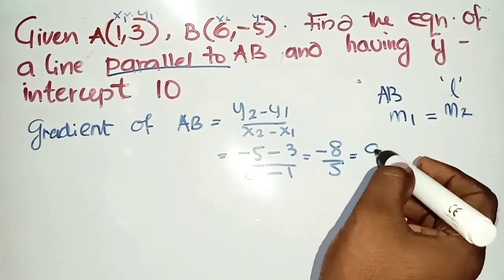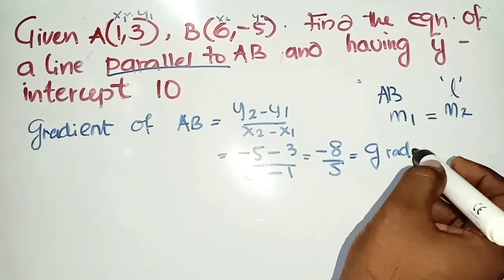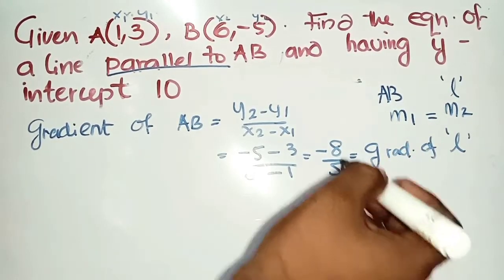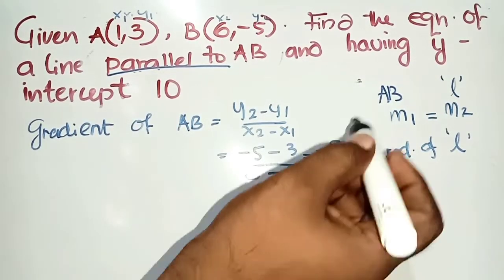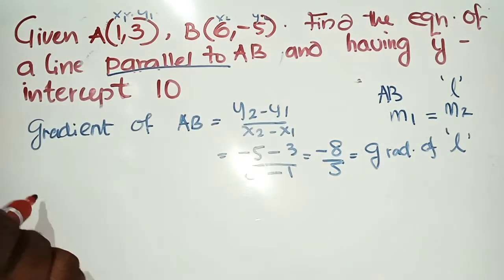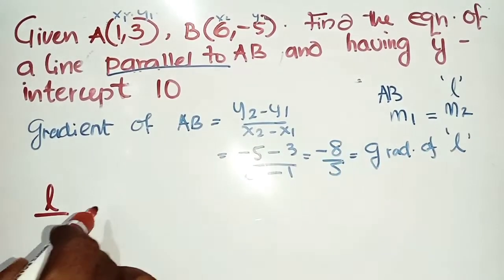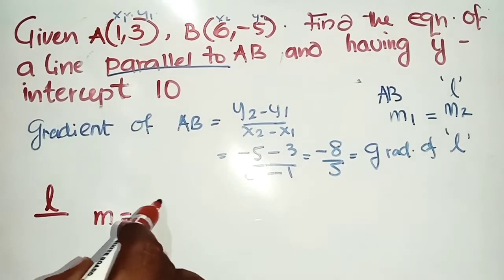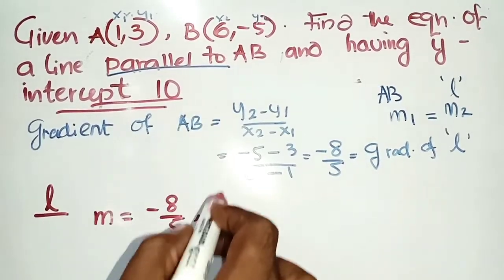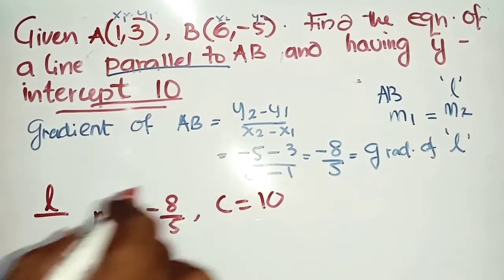That is the same as the gradient of L. Why are the gradient of L and the gradient of AB the same? Because the lines are parallel. Okay. So now if you consider the line L, it has gradient minus 8 by 5 and y-intercept c is 10.